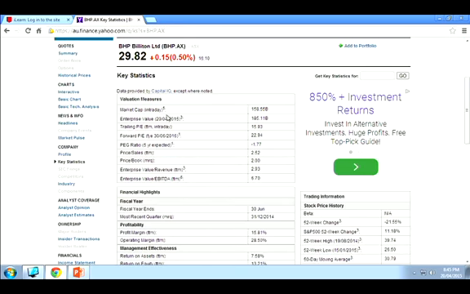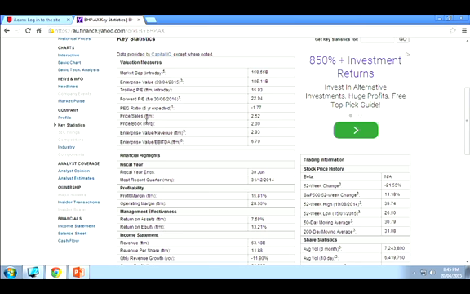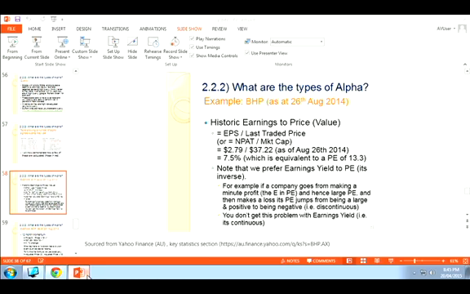So we've talked quite a bit about some of these variables. There's your market cap. It's one of the largest stocks in the world, BHP. And let's see, what do I need? Okay.